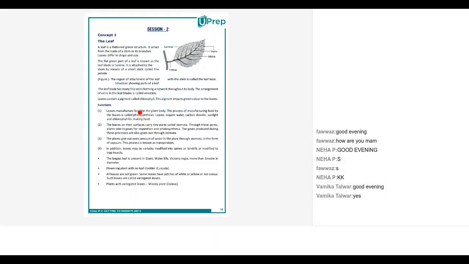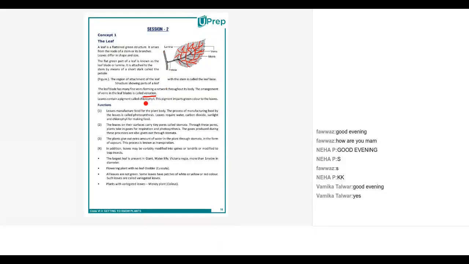Now, the leaf blade has many fine veins, which form a network throughout the leaf. That's called venation. What Vamika was saying. What is venation? Venation is basically a structure, a total network. How they will send the food, how they will send the water, after they prepare food, how will it come back and then spread throughout, so there's an entire network.